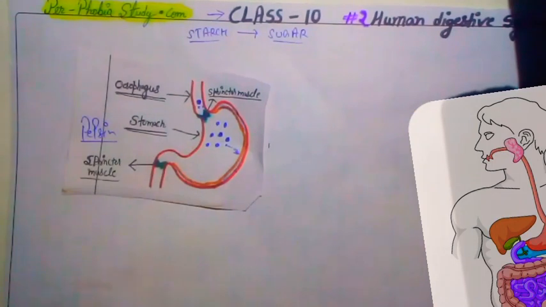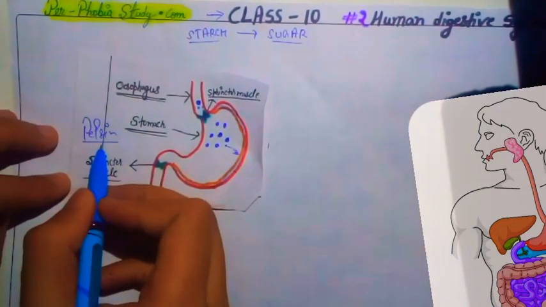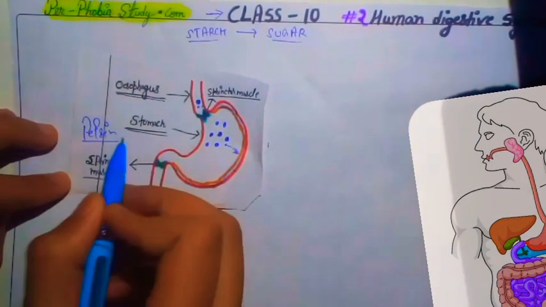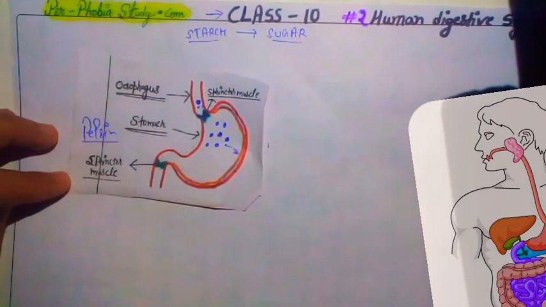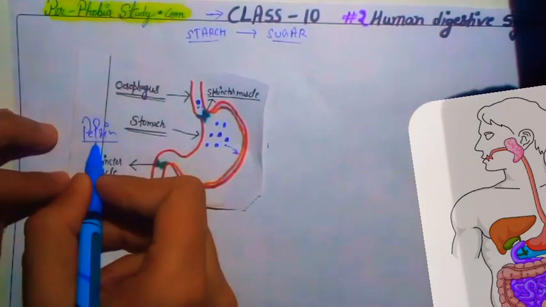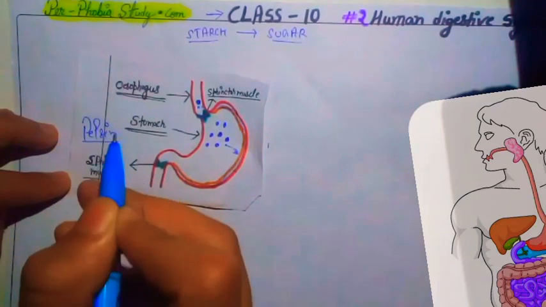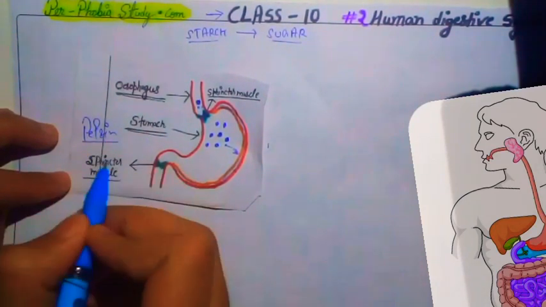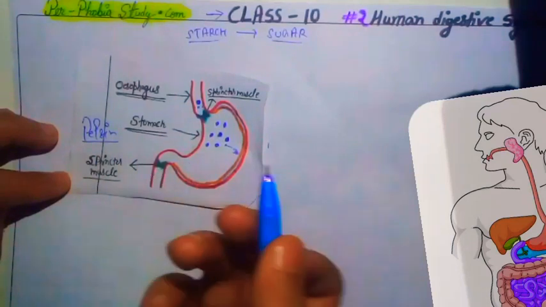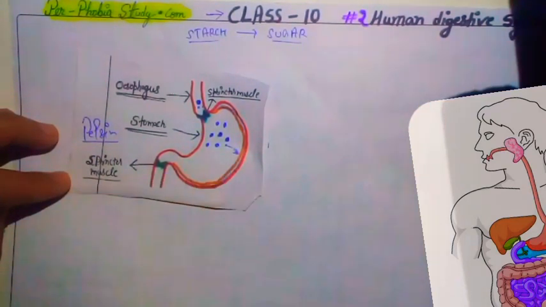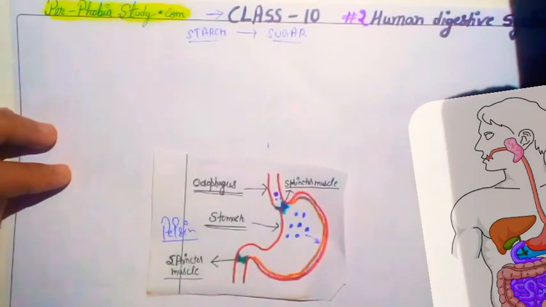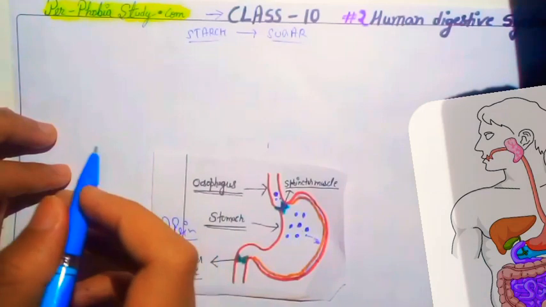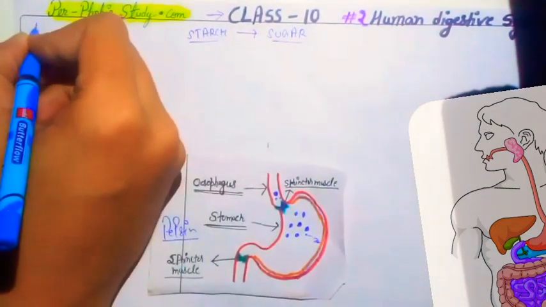But students, this pepsin doesn't work in a basic medium. It wants an acidic medium, and this acidic medium is provided by an acid called HCl. And HCl is provided by what? Yes, gastric glands.